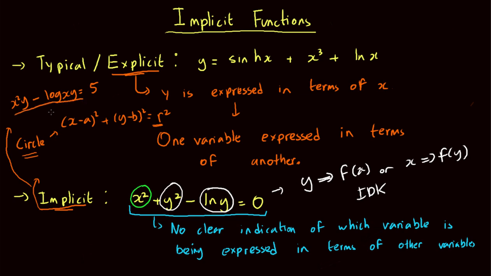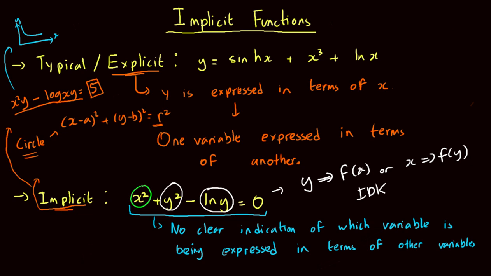You just plug in the values of x and y that you want, and see if they satisfy the 5 or not. If they satisfy, then you can plot the points. It's very easy to plot such curves. Randomly plotting here, for example, maybe it looks something like this.